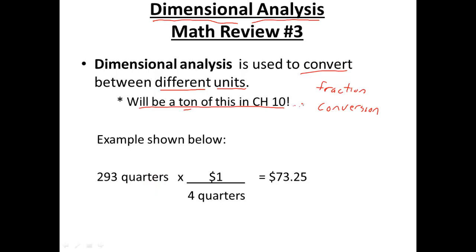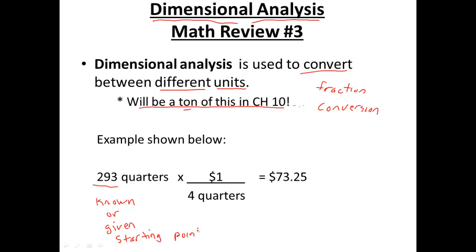Now, one of the key parts to this is an idea, shown below. Let's say you had 293 quarters. So this is what's known or given to you. It's your starting point: known, given, or starting point.